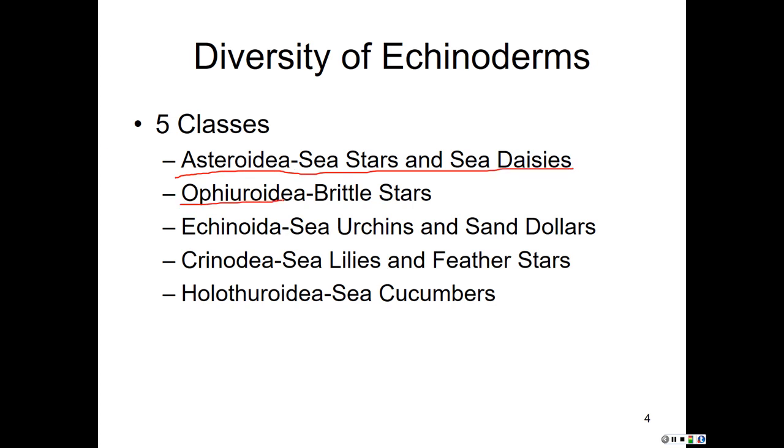The class Ophiuroidea, which are known as brittle stars, kind of similar looking to a sea star, but with longer arms. The Echinoidea, these are sea urchins and sand dollars. The Crinoidea, which are sea lilies and feather stars, which are likely organisms you've maybe not seen before. And the Holothuroidea, which are the sea cucumbers.